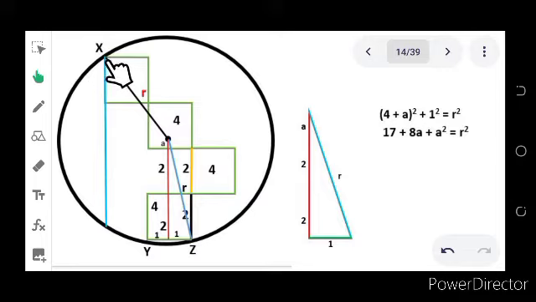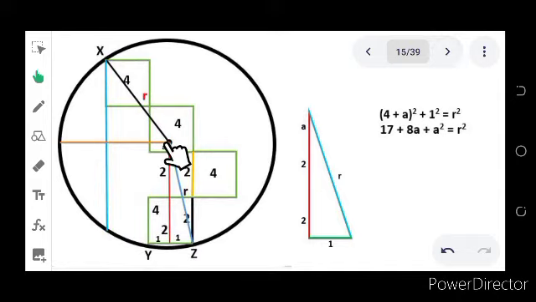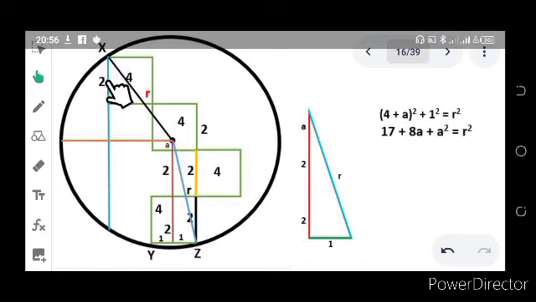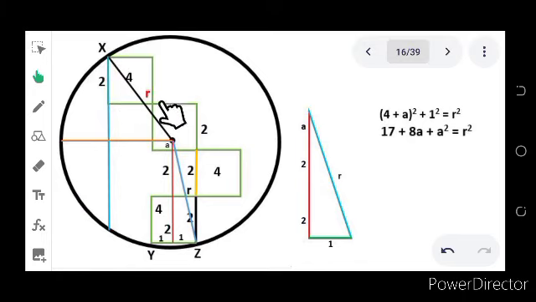Then we draw this chord from point X and another radius perpendicular to this chord. So you now have a triangle. Let's find the measures of the sides of this triangle. This one here is a side of a square, so this is 2 units, and this here is 2 units.